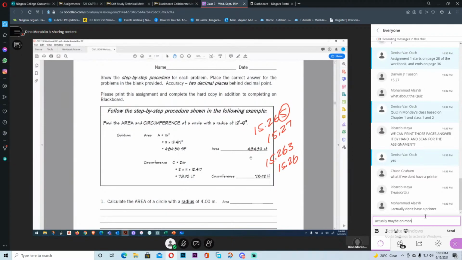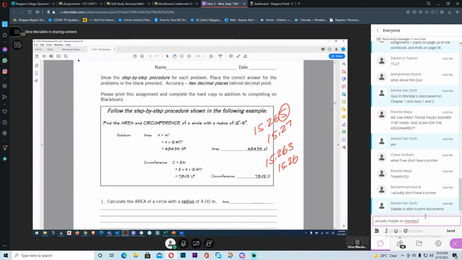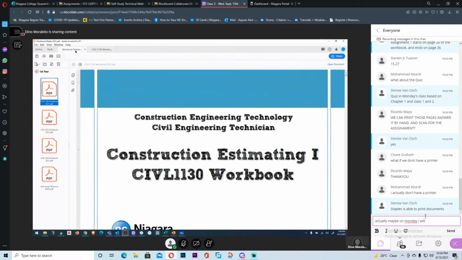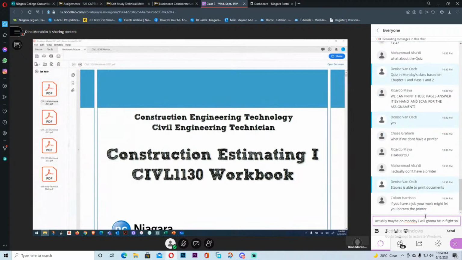So Mohammed and others who are looking at this thing saying, well, I don't have a printer, so how will I print this out? If we go back to our workbook, actually, let me just do one thing here because I have a sort of a master copy of the workbook that has all 3 years in it, and I think I'd like to just be looking at your workbook. 1130, here it is here.